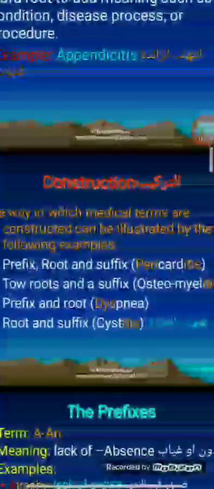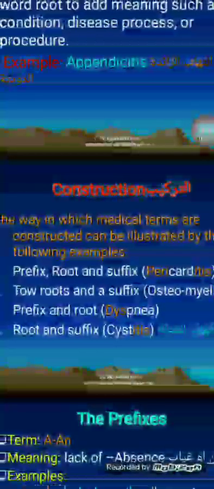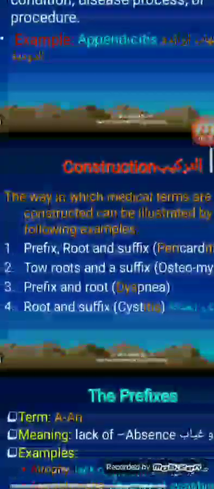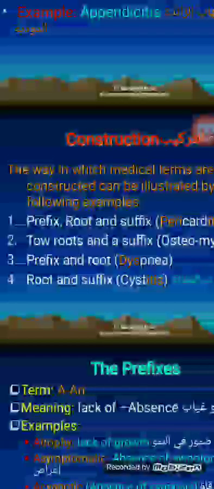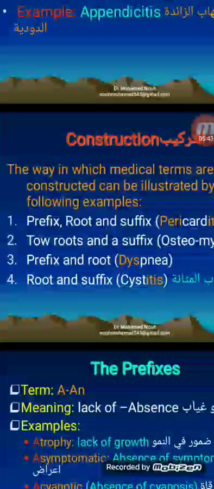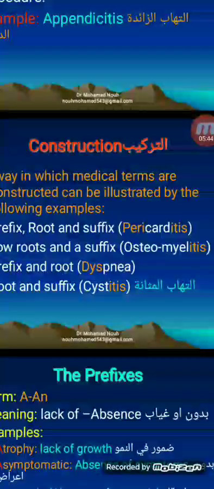Constructions. The way in which medical terms are constructed can be illustrated by the following examples. Take a look at these examples. Prefix, root, and suffix: pericarditis. Peri is the prefix at the beginning and means surrounding or around. Cardi is the root word and means heart.